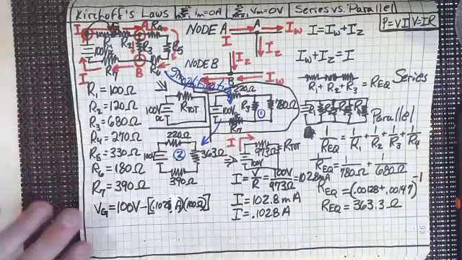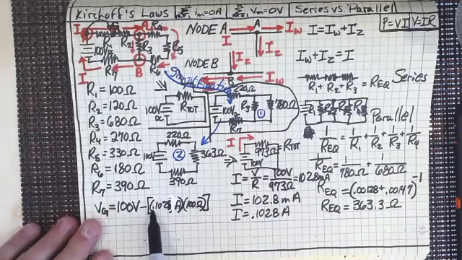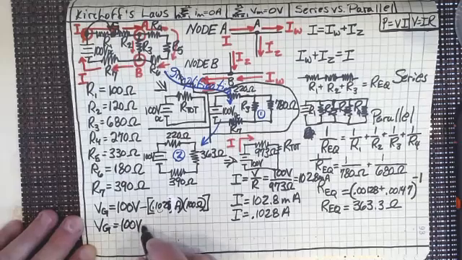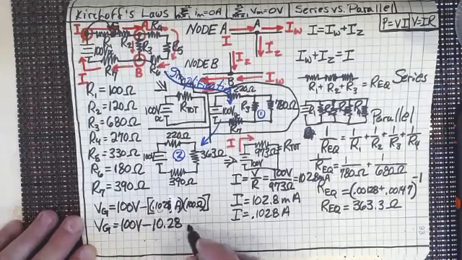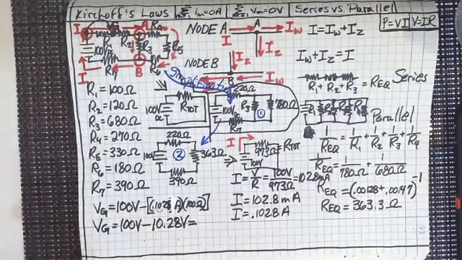Okay? Now we know what this is. 100 times this. Well, let's just take that and move it to 1, 2. So isn't it 10.28? So the voltage at G is 100 volts minus 10.28 volts. I think we can all do that in our head, can't we?